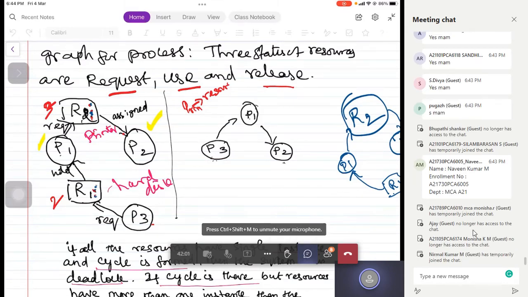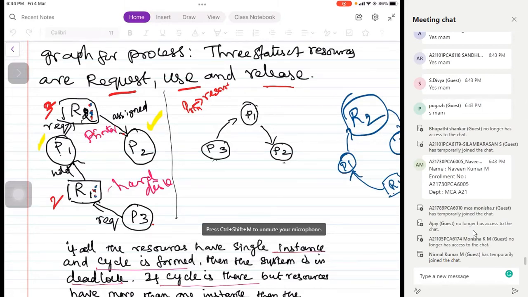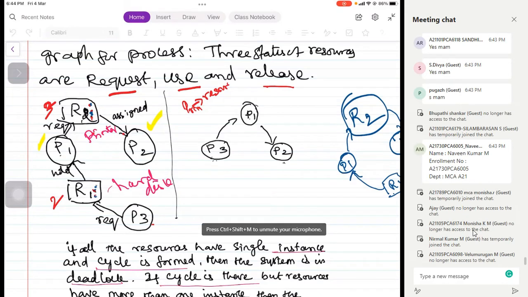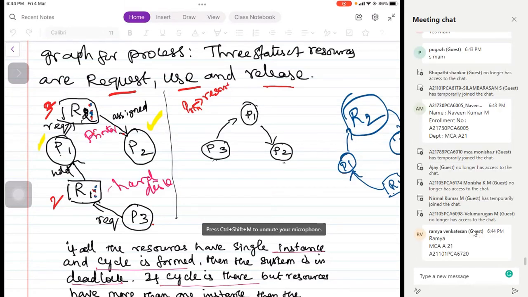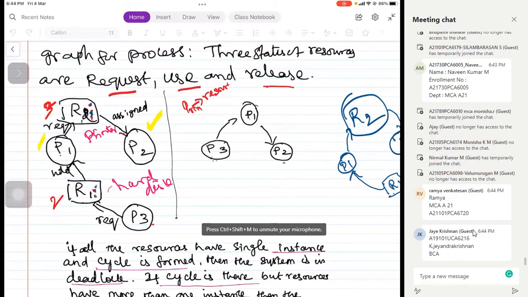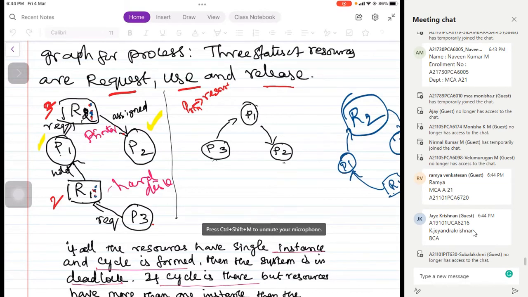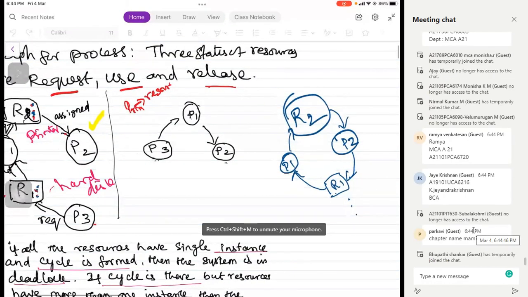So here P1 is requesting R2, and R2 is already assigned to P2. But P1 is holding R1, and P3 is requesting it. So one after another, you need to process it.